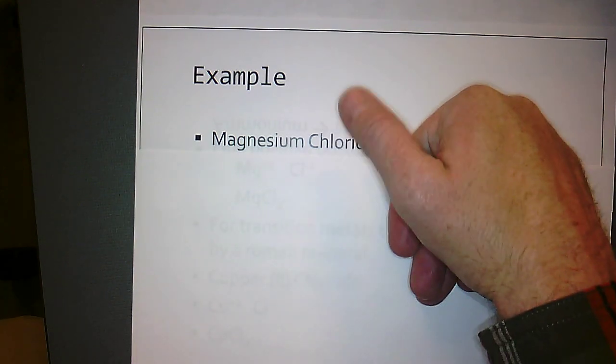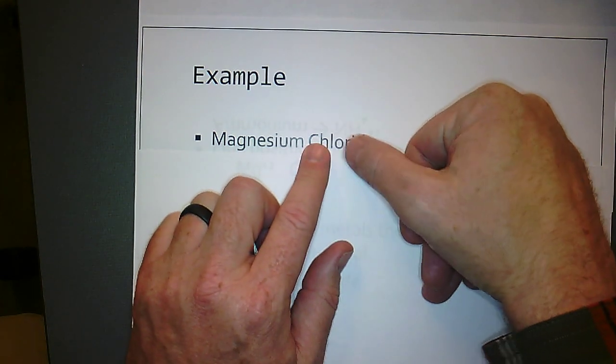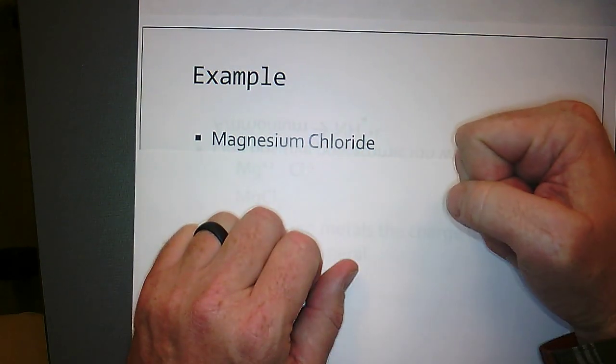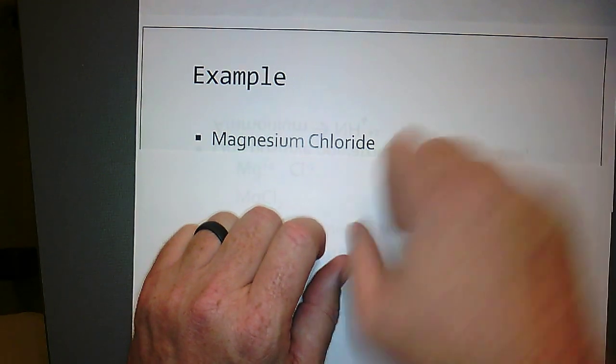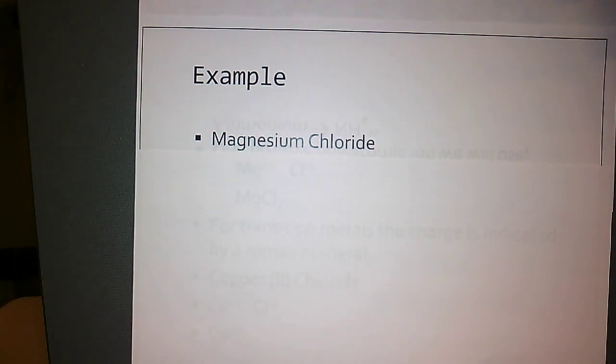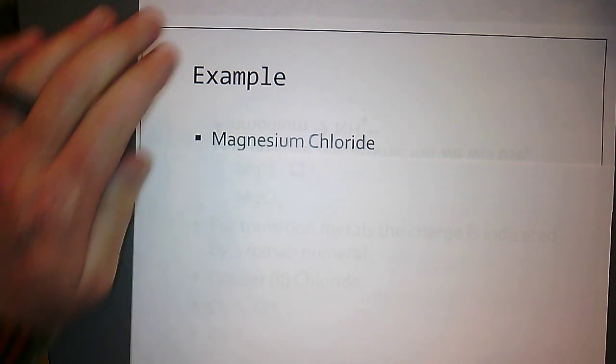Chloride is going to be what element? Remember we changed the ending, so what element will it be? Chlorine. What's the symbol for chlorine? Cl. Very good. What's the charge for magnesium? Look at where it's at on the periodic table. It's going to be 2+ because it's in the second column. What is the charge for chlorine? -1. Very good.